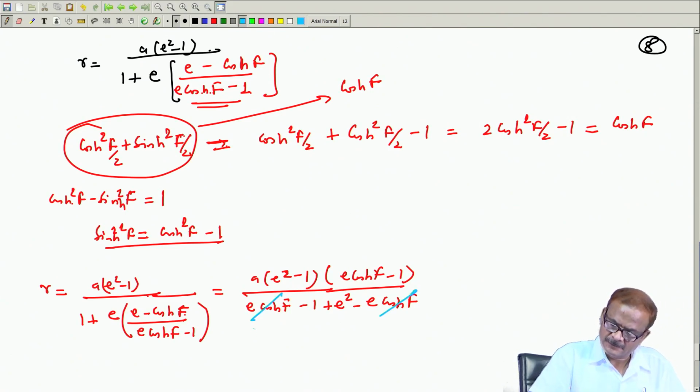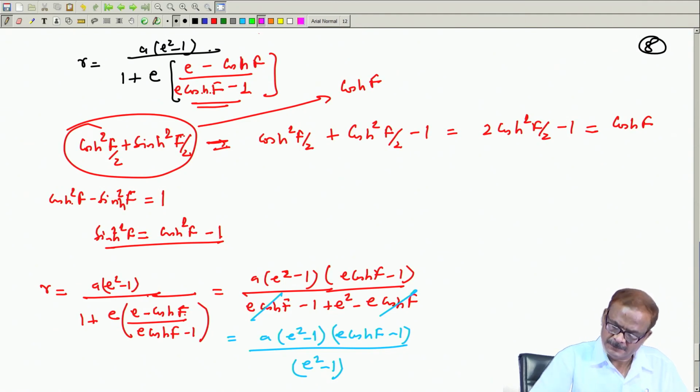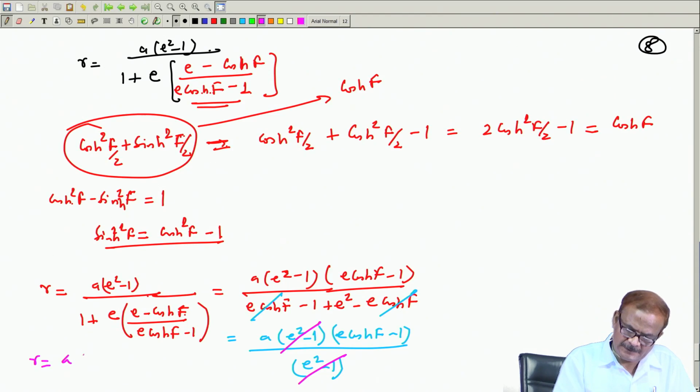This cancels out and we get here a times e square minus 1 times (e cos hyperbolic f minus 1) divided by e square minus 1, and then this term and this term will cancel out, leaving us r equal to a times (e cos hyperbolic f minus 1).